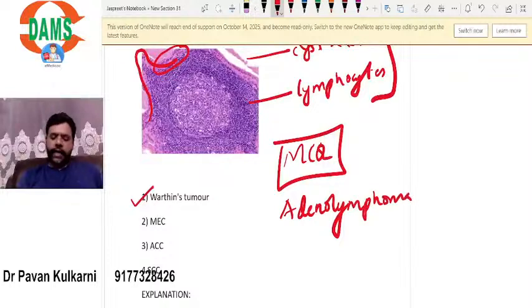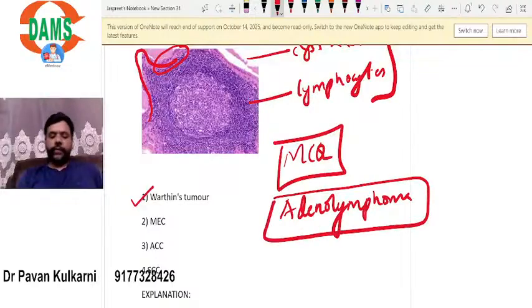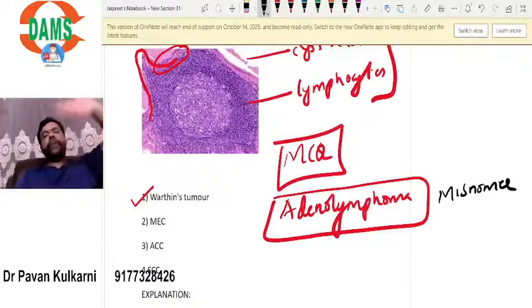Remember, this adenolymphoma name is actually a misnomer. It should not be used for Warthin's tumor because it is not lymphoma. It is a salivary gland benign tumor, particularly a benign neoplasm. Okay, and one more thing, they have given history of smoking. Remember, they have found out smoking as one of the etiology for Warthin's.